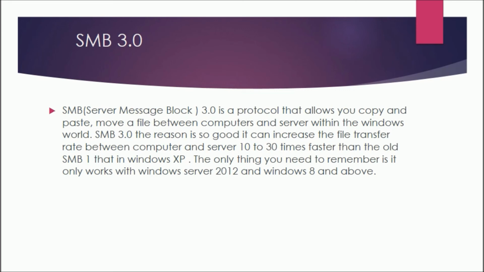The only thing you need to remember is that it will only work with Windows Server 2012 and Windows 8 and above. In Windows 7 we had SMB 2.0, which had a slower transfer rate.